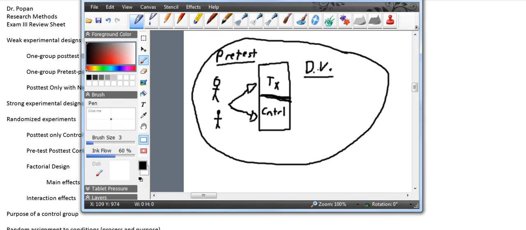So you can see, okay, does social anxiety decline in the treatment group from pretest to post-test? Does social anxiety perhaps stay the same, go up, or at least not decline as much in the control group from pretest and post-test? So a successful experiment here would be when there is a greater decline of social anxiety from pretest to post-test in the treatment group as compared to the control group.